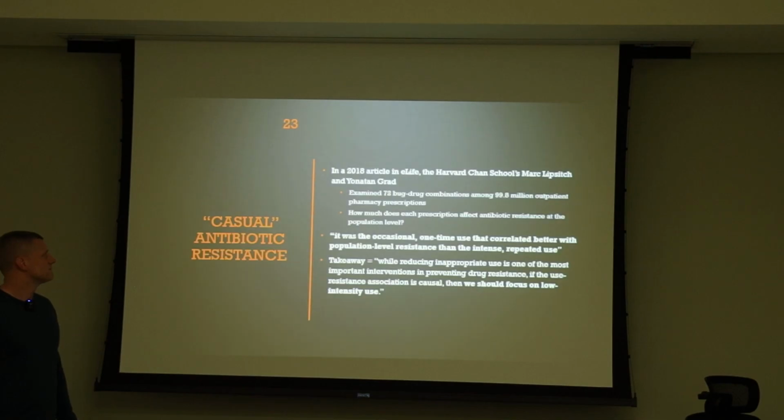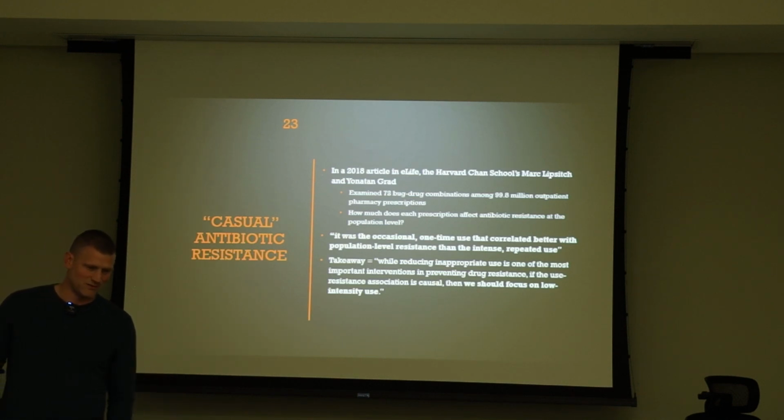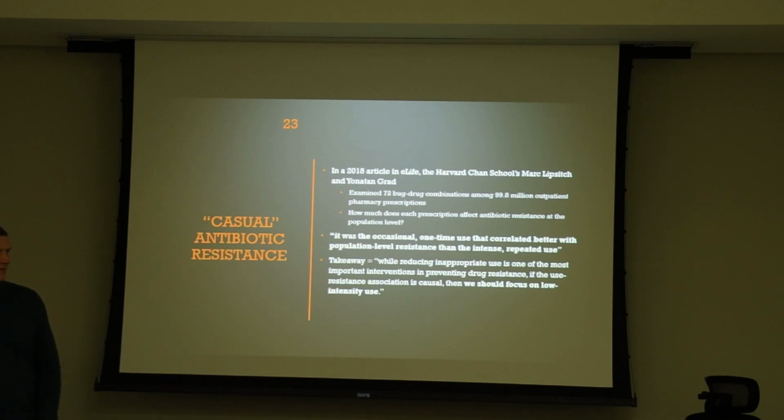All right, so causal antibiotic resistance is actually more important than direct antibiotic resistance. This one kind of blew my mind when I was reading about it, because I always thought I'm treating the bacterial infection on this dog's leg, and that's the bacterial infection that's going to get resistant to my antibiotic.